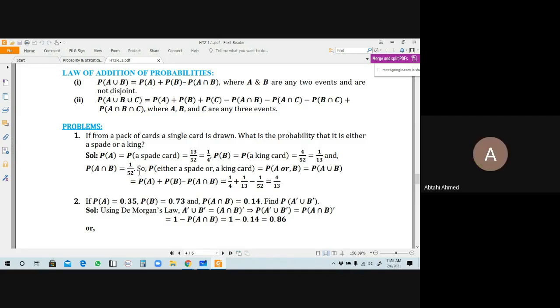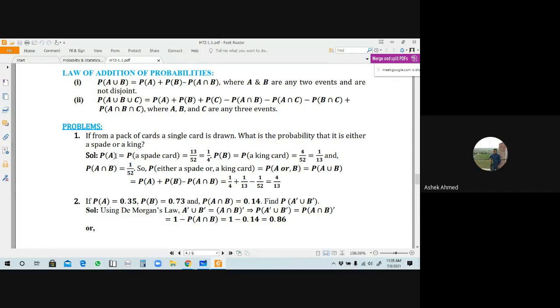We get a king from a spade. So you can say that the common element between a spade and a king will be one element, which probability will be 1 by 52. Is it right? Yes, sir. Okay.